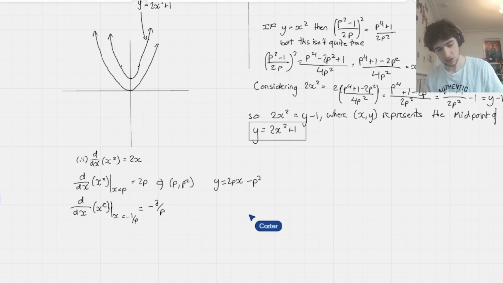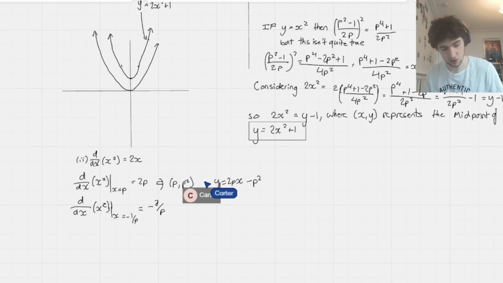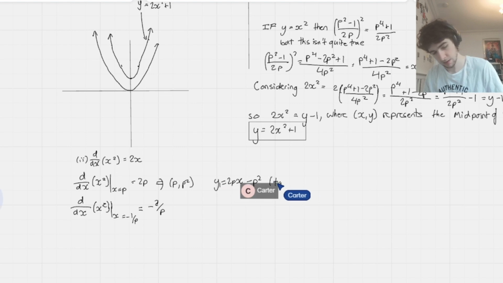Because if I plug x equal to p in there, then I get 2p squared minus p squared, which is equal to p squared. So it's effectively the line with this gradient that passes through this point, which uniquely identifies the line that we want, y equals 2px minus p squared. So we can call that y1. That's our first tangent, the tangent at p.